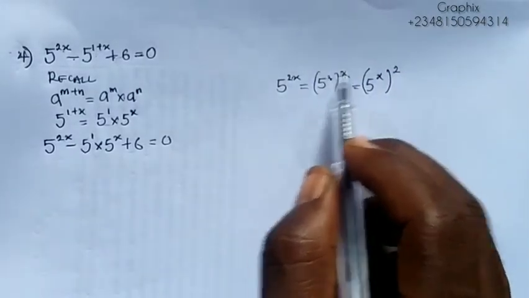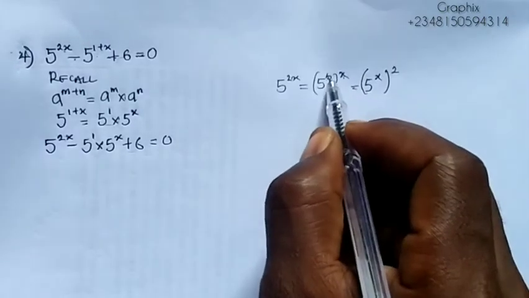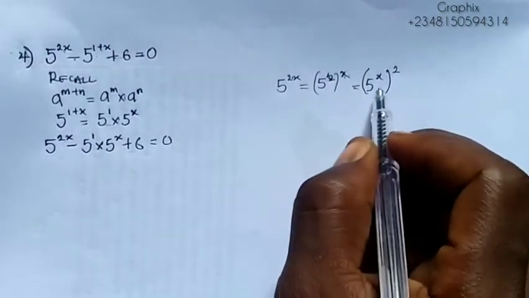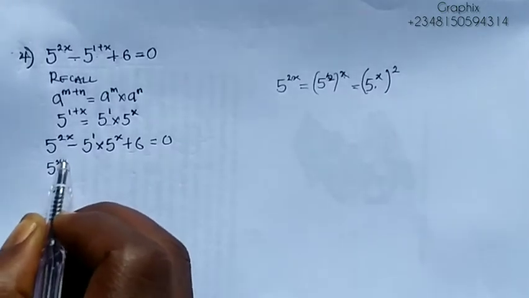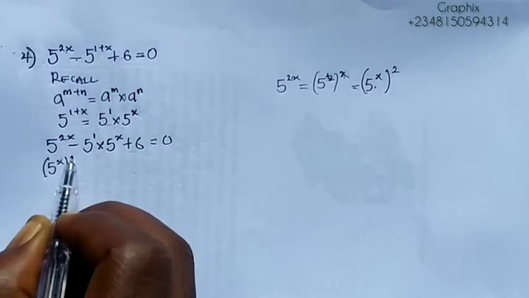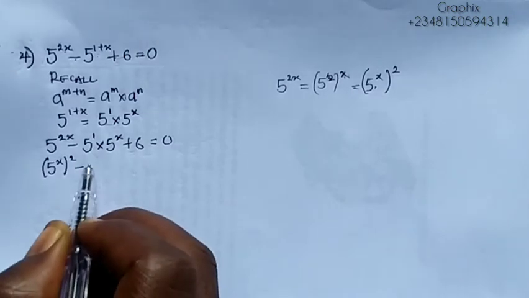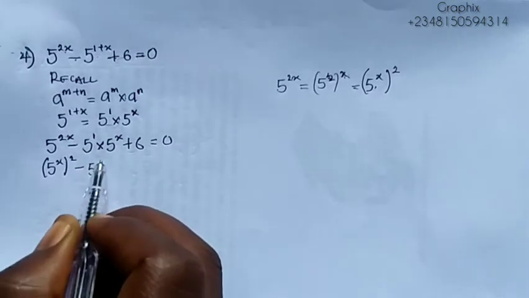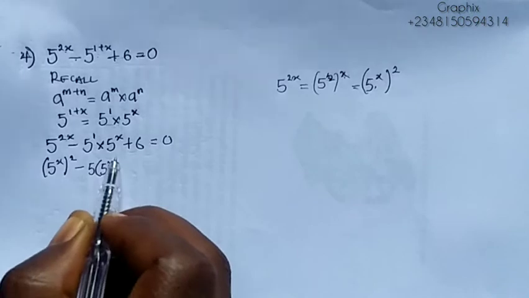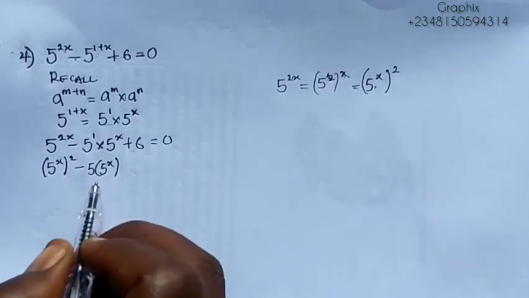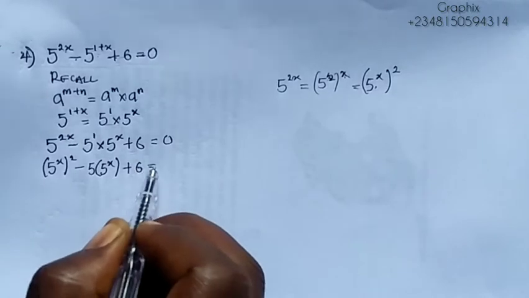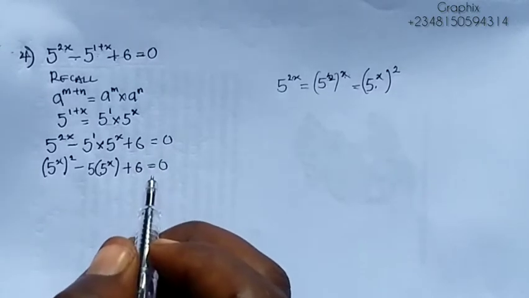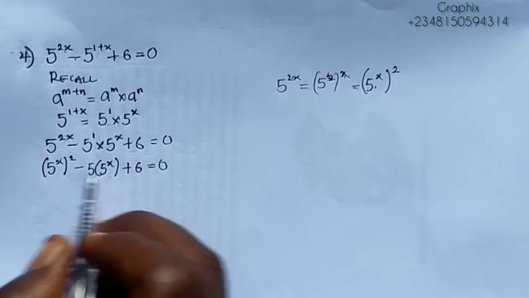I can always interchange them. So I'll write my 5 to the x to the power of 2 minus 5 raised to the power 1, which is 5, times 5 raised to the power x, plus 6 is equal to 0. Now I have something that I can work with.